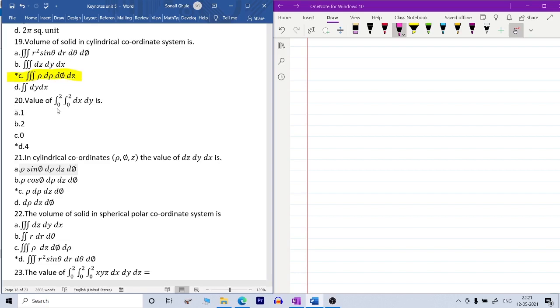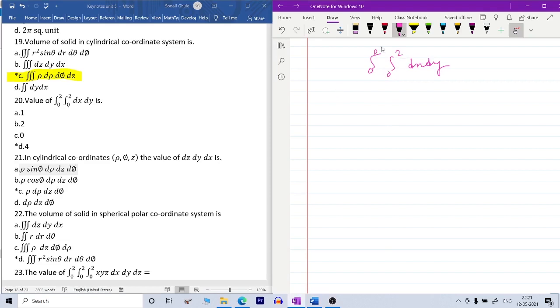Next question is the value of the double integration. Now here we have to solve this integration 0 to 2, dx dy. As you can see, both the limits are constant. We have to go by order. First integration is with respect to x and then with respect to y. So integration 0 to 2, first integrate with respect to x, dy.